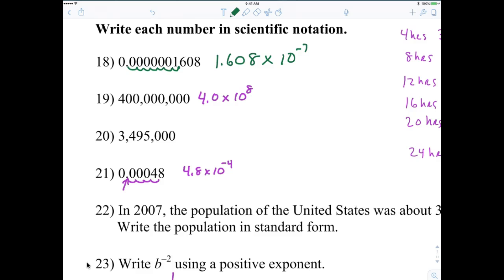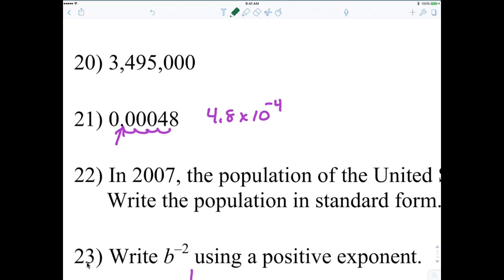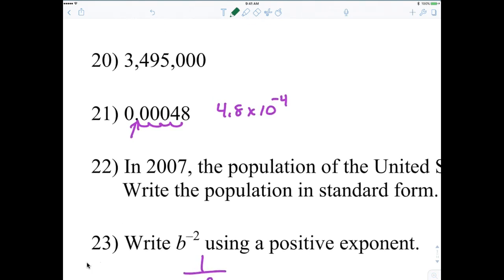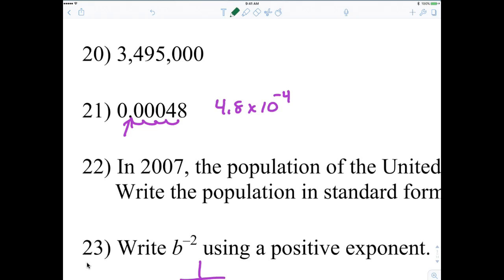All right. So here we go. Number 20. So 400,000. No, 300. Oh, sorry, on number 23. Oh, okay. So that would be 4.95.